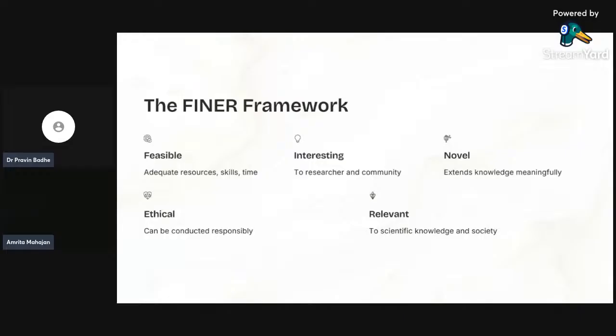It's like clinical ethics or animal ethics or the environment. And also at the end, it's relevant. Is it exactly relevant to the knowledge and society? So you need to be prepared and keep this FINER framework in your mind whenever you are searching for some good question or some good research.